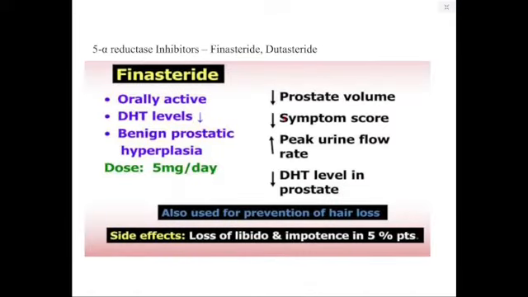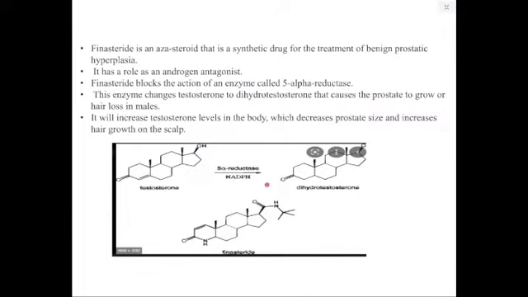The next one is the 5-alpha reductase inhibitors, and we have finasteride and dutasteride. And the finasteride, again, you can see it's a 5-alpha reductase inhibitor. Let us look first at the role of the 5-alpha reductase enzyme, which is NADPH dependent. Testosterone undergoes reduction to 5-alpha dihydrotestosterone.